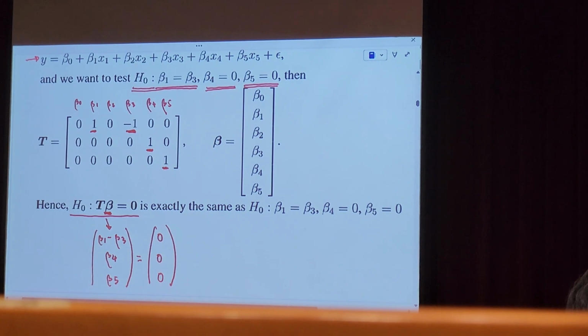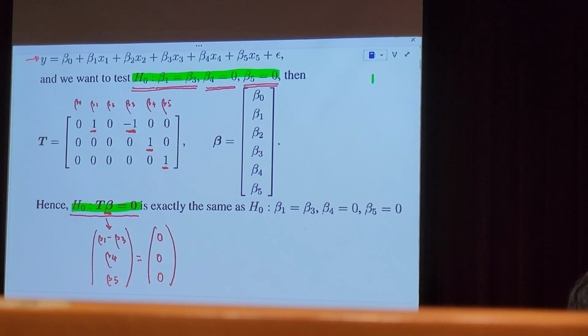So, in other words, writing this is the same as writing this. Can you understand? It's just that I'm using a matrix notation to denote it. Now, each element of T beta is just a linear combination of the betas.